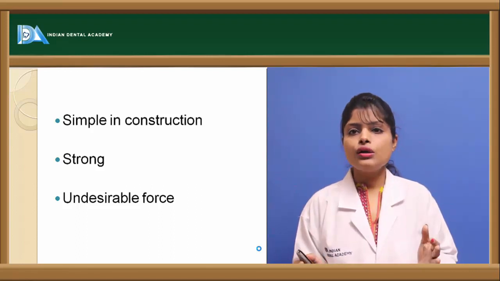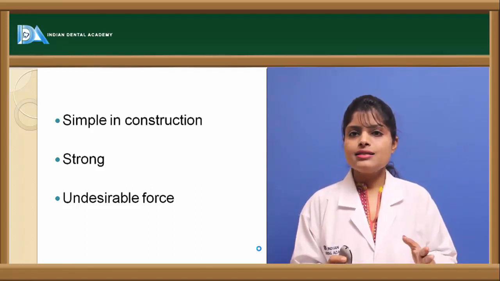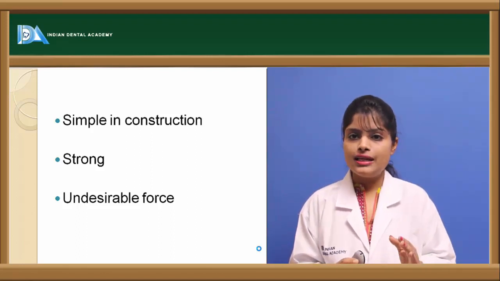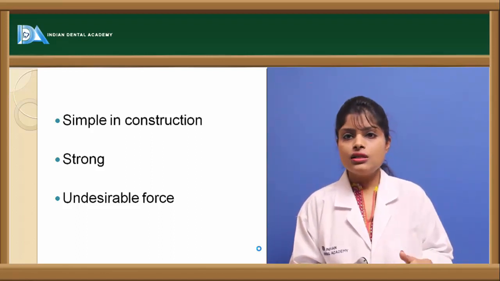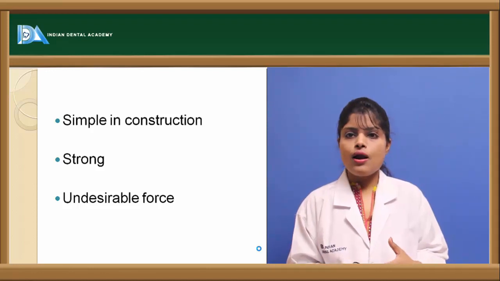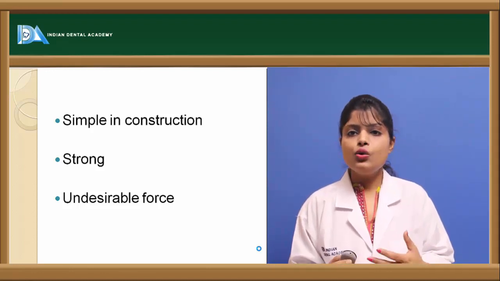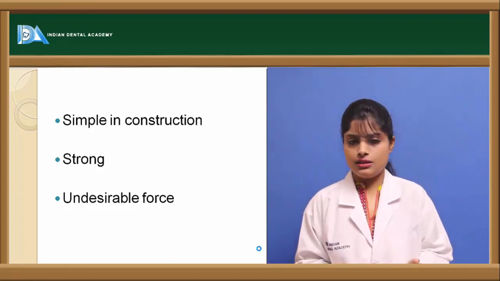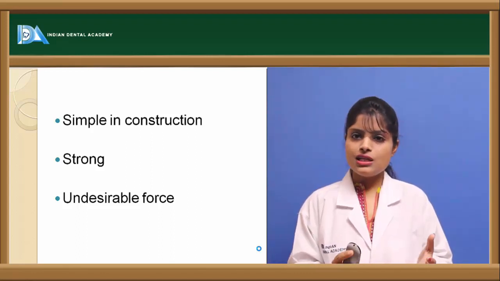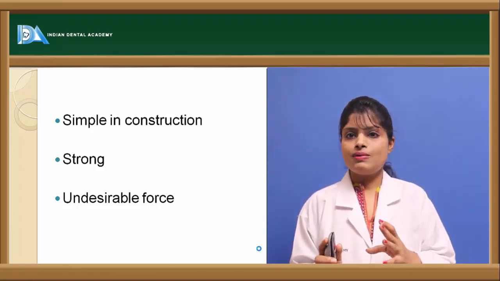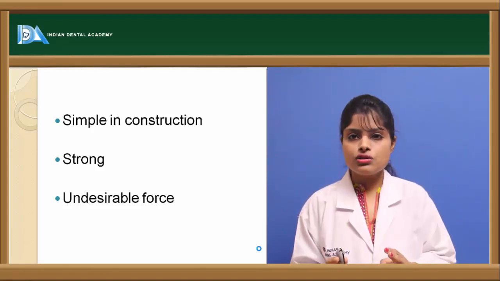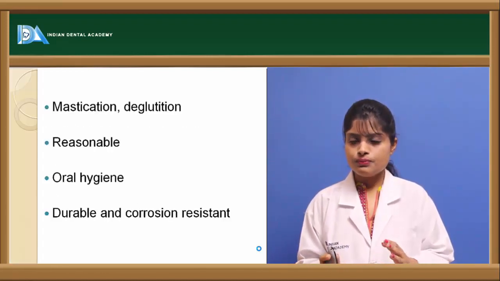It should also not cause any undesirable forces on the teeth surfaces, which will further lead to tipping of the teeth, decalcification, or movement of the teeth, or even loosening of the teeth and deteriorate the periodontal health of the teeth. So, the space maintainer should be strong enough, and also should not exert any unwanted forces on the dentition.